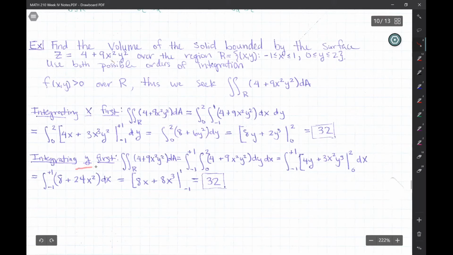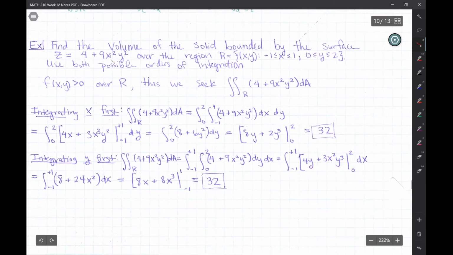Now what if we wanted to integrate over y first? What do we do when we integrate over y first? We treat x like a constant. So we get 4y plus 3x squared y cubed. And now plug in your bounds. Where do you plug in the bounds now? You plug them into y. So 2 goes in here, and then you subtract from this expression with 2 plugged in, the same expression but with 0 plugged in.